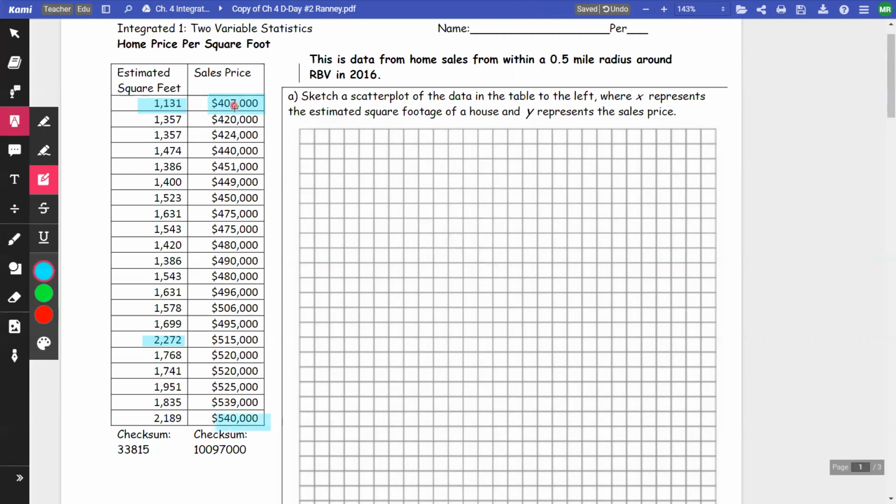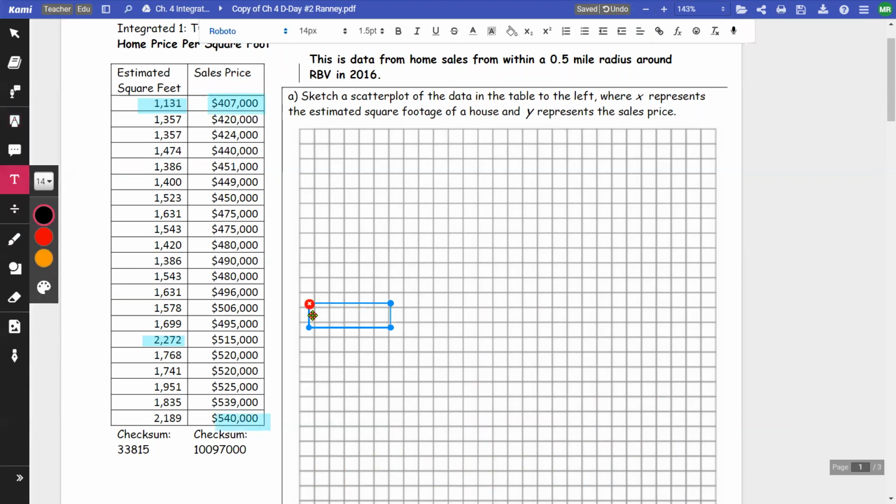So I'm going to start at 410,000 and go up to 540,000. And again, this is my sale price in thousands. So I'm going to type sale price in thousands.